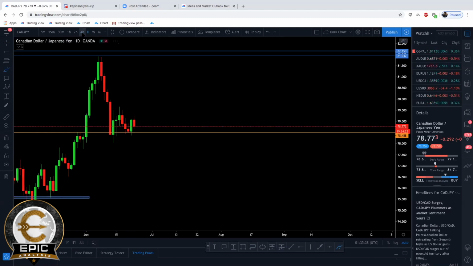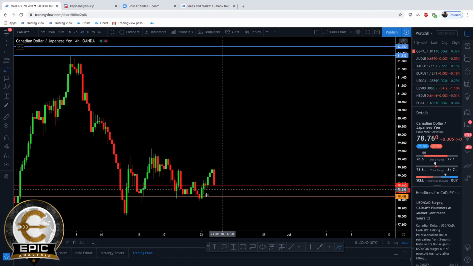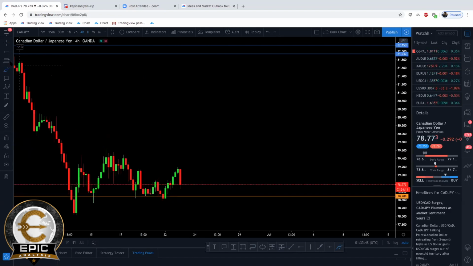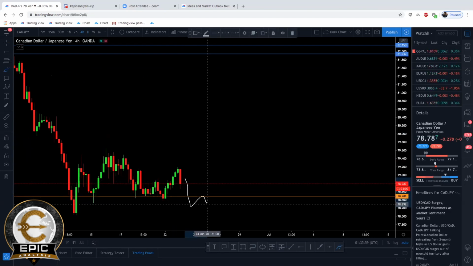All right, so if we go down to the 4 hour, price is now pulling back. This is the low of the day right here where my cursor's at. This is the low of last week. Right now it looks like this 4-hour candle might be bearish engulfing. So if price comes down here and actually breaks through, then I wouldn't look for buys.